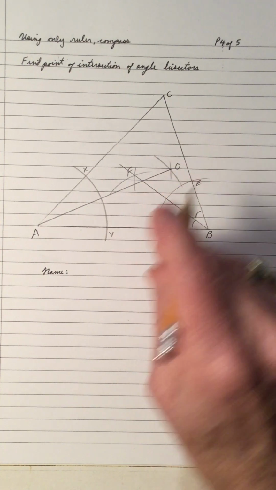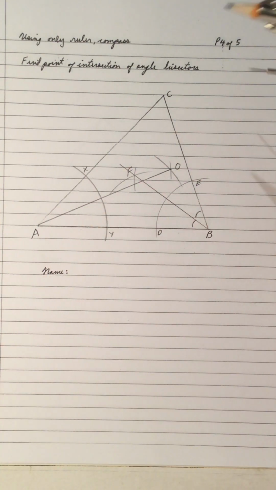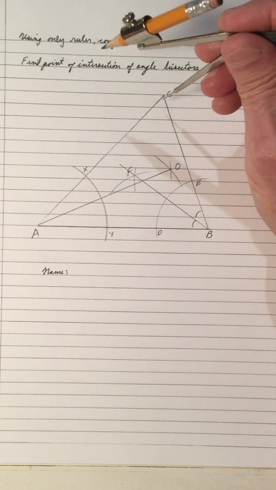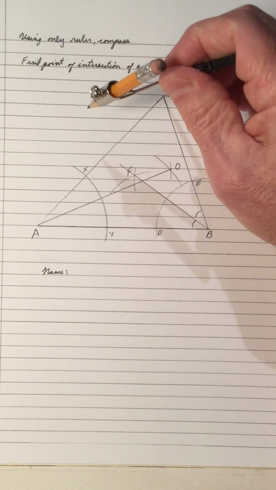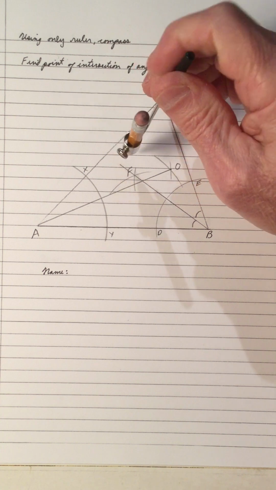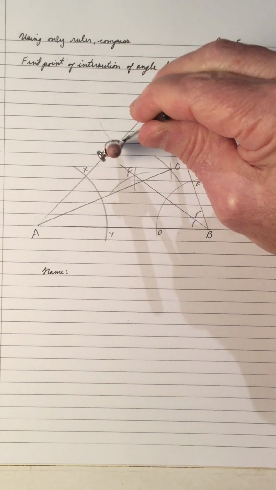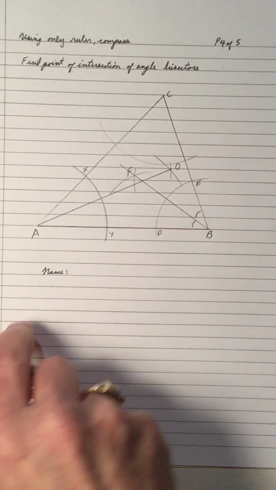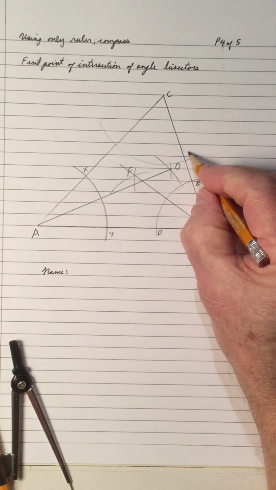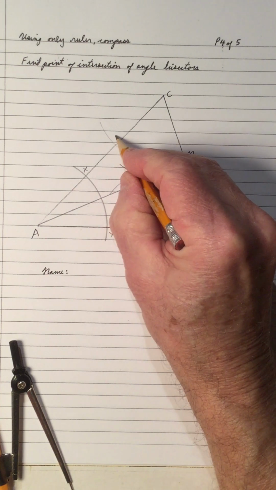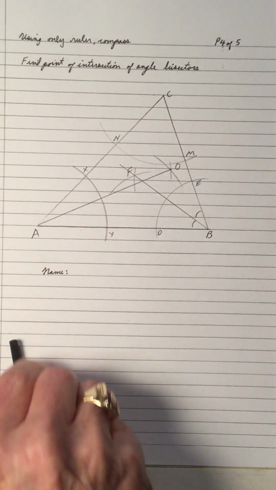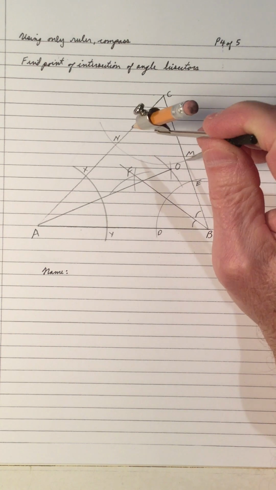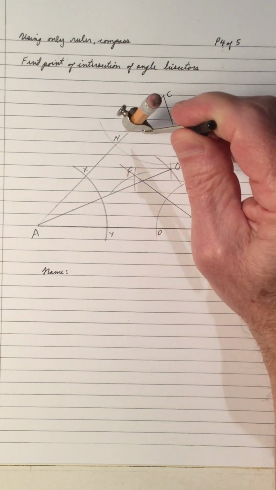Notice they're meeting here. Now I'll bisect angle C. So I'll take a radius on my compass, and I could bring it in smaller so the arcs won't go so far. So cut AC and BC. There it is. Take my compass, and I'm going to name those 2 points as M and N. So the radius of the compass has to be more than half of MN, and that's more than half.